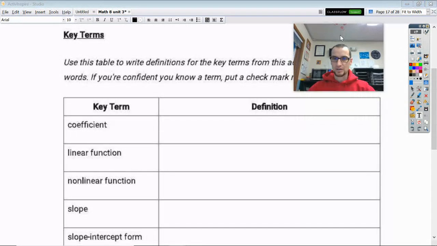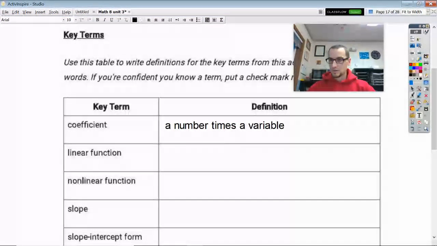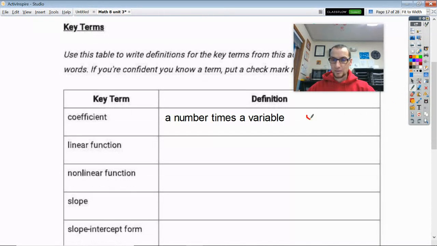Okay, definitions here. Coefficient. So a number times a variable. We worked on the study guide with y equals 2x plus 3. 2 is the coefficient. It's the number in front of the variable.